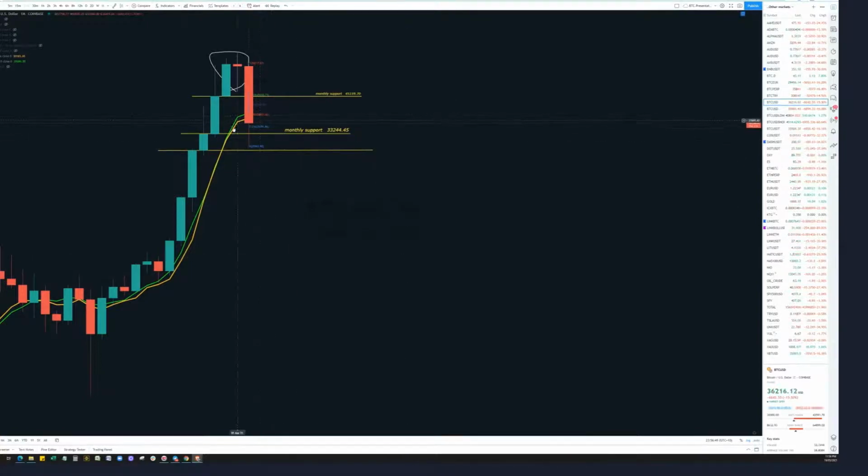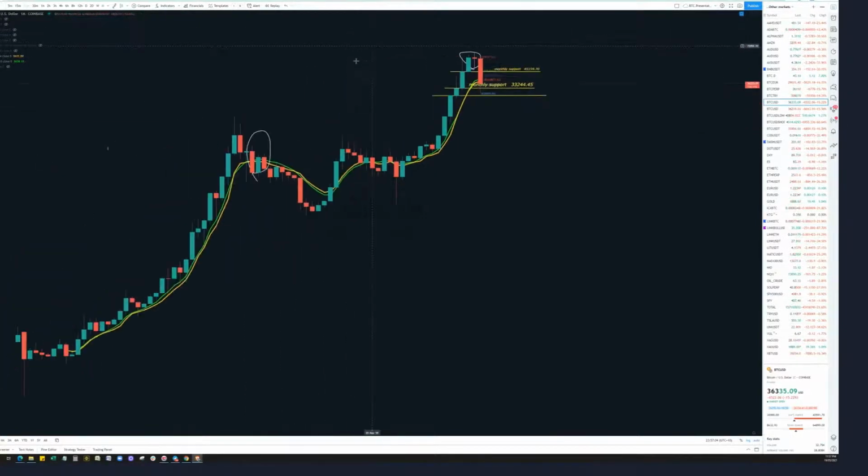And you can see these two lines, the 34 weekly and the monthly 10 moving average. So here you see the monthly and 34 acting as support all the way through. So on the monthly, we want to see it close above it. That gives you a fighting chance for continuation of the bull market. In many cases, if we get something like that, that is very bullish. That kind of candle, that's fantastic.